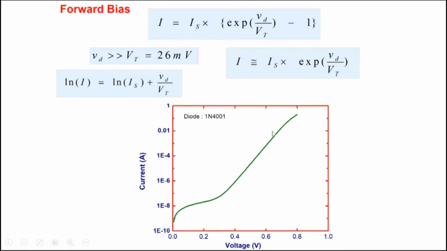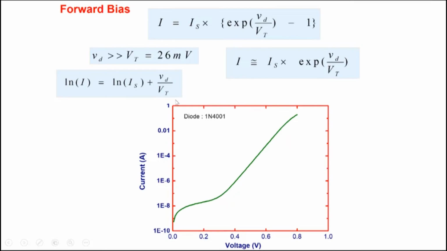If it were an ideal diode, then ln I would equal ln Is plus Vd by Vt, so an exponential on a log-linear plot would look like a straight line, which you see here. So the 1N4001, in this region, obeys like an ideal diode.